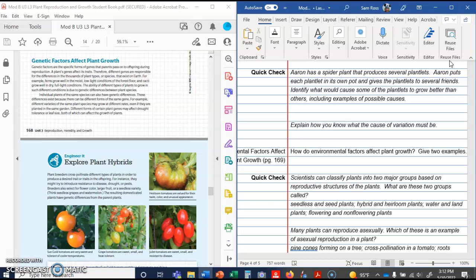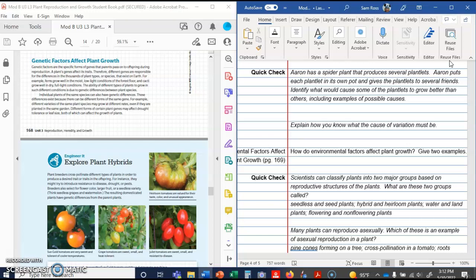Okay, so for this first question, the answer would be environmental factors such as amounts of water or sunlight would have to be the cause of some plantlets growing better than others. And then the next question: explain how you know what the cause of variation must be.